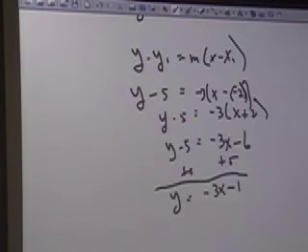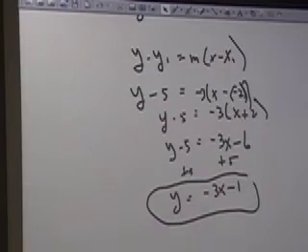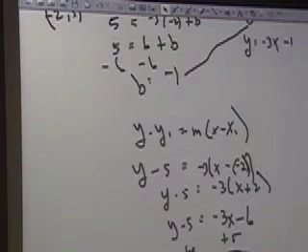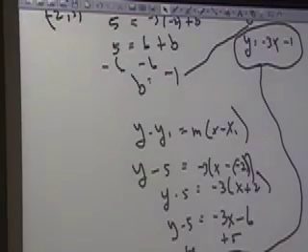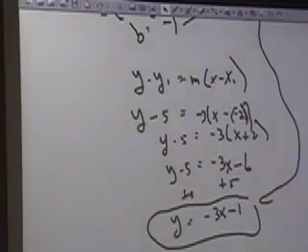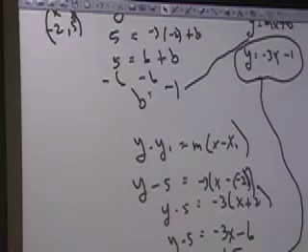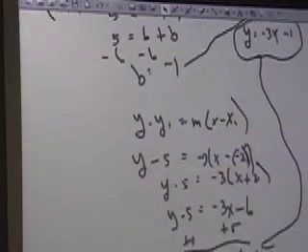And guess what? This checks out because it's exactly what we had when we did this one. They're supposed to be equal, and they are. The answer, y equals -3x minus 1, is absolutely right, and we checked it with our point-slope form.